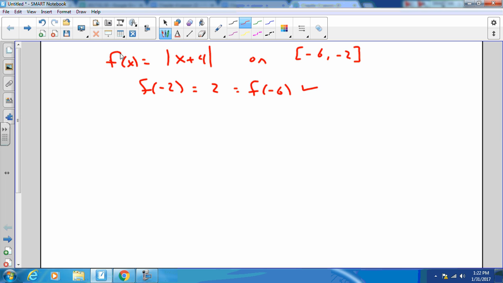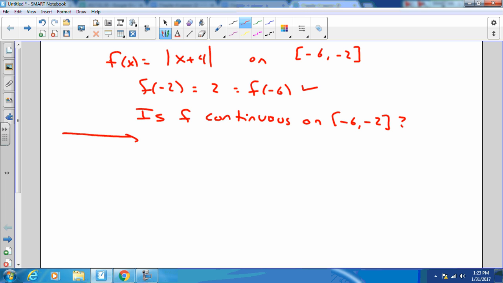And next we have to determine, is f continuous on -6 to -2? Now, watch carefully what we're asking. If I look at a number line of values from -6 to -2, this question is asking whether f is continuous for every single value of x between -6 and -2, not just at the endpoints.